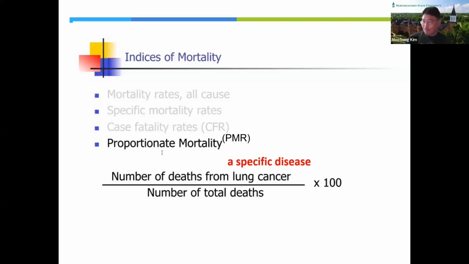That is the proportionate mortality rate. As you can see, this is a kind of proportion. So for lung cancer, how many people die from lung cancer, and what percentage is that among all deaths from all diseases. So that is the proportionate mortality rate.